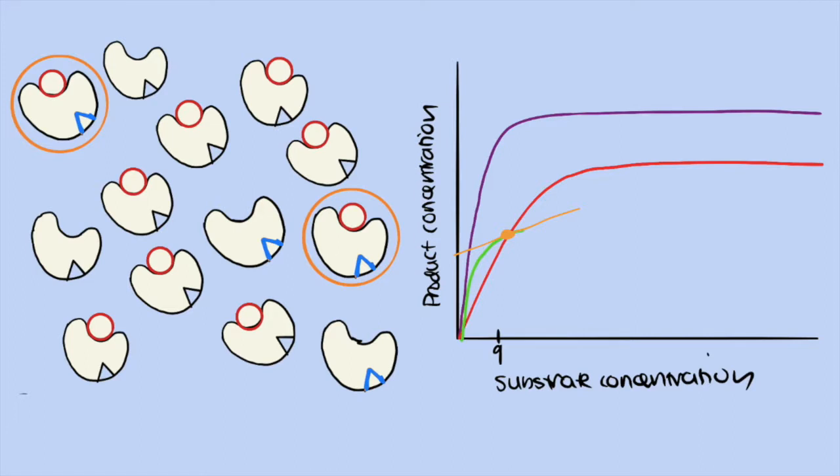Thus, we can determine that the maximum product concentration, or the plateau, for an enzyme-catalyzed reaction with the presence of a non-competitive inhibitor occurs much more quickly compared to non-inhibitor and competitive inhibitor graphs.